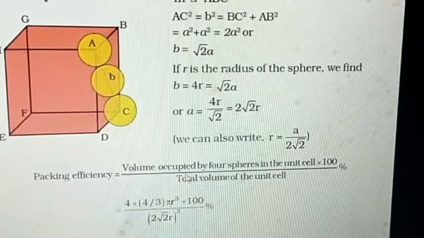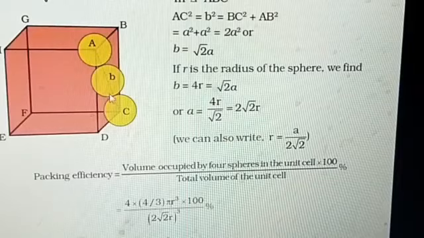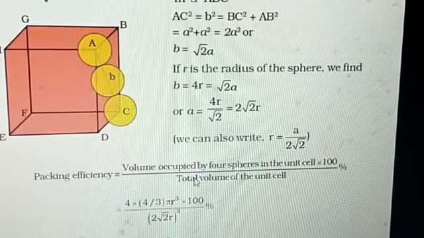Then packing efficiency means again the volume occupied by 4 spheres in the unit cell. Why am I mentioning 4 spheres? Because in a face centered cubic unit cell, 4 atoms will be present per unit cell.